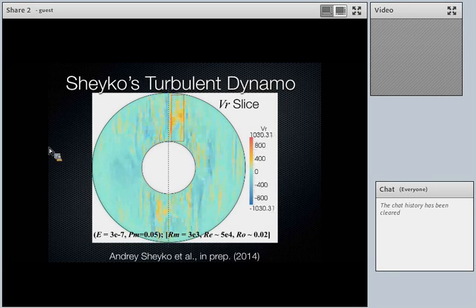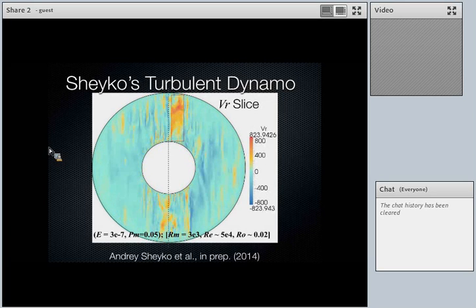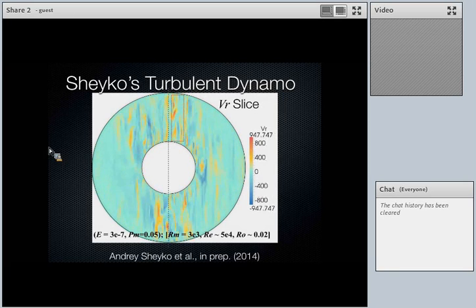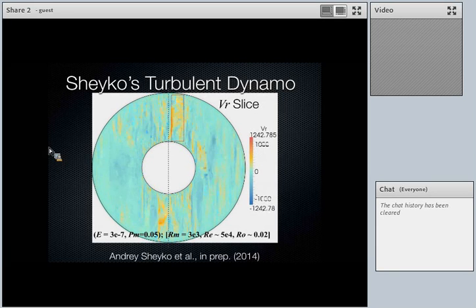And what you see is small-scale columns that roughly scale as Ekman to the 1/3, and they're not coherent. They don't stretch from boundary to boundary. In general, you'll note that they're breaking up before they stretch all the way across the fluid shell. Here we're looking at a meridional slice, and we're looking at the radial velocity along that slice.